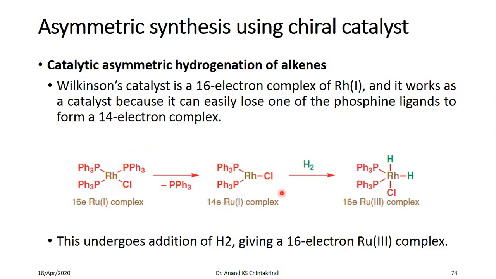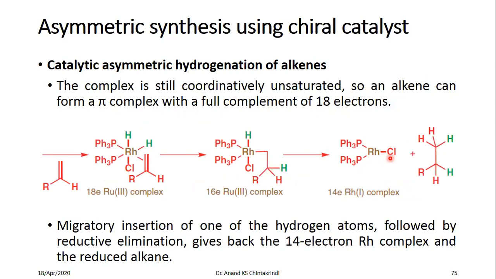Now, it undergoes oxidative addition of hydrogen and again forms a 16 electron complex. This complex is still coordinatively unsaturated, so an alkene can form a pi complex, with the full complement of 18 electrons. So again, it is saturated now.